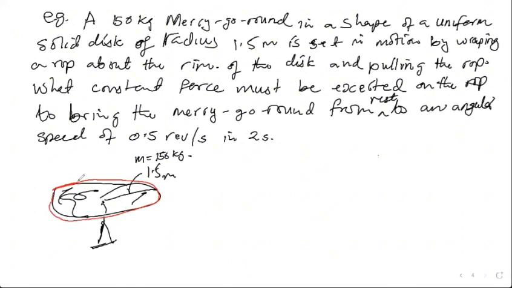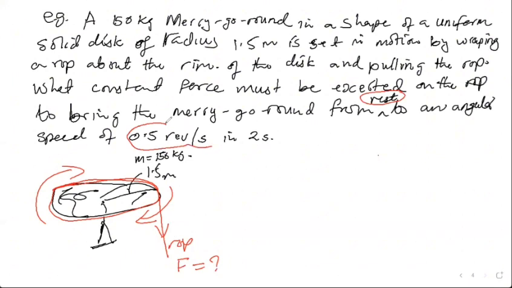And then you have the rope going like that. You want to exert a force on the rope so that the merry-go-round begins to rotate like that. The question is how much force must be applied in order to bring the merry-go-round from rest to a speed of 0.5 revolutions per second in 2 seconds.